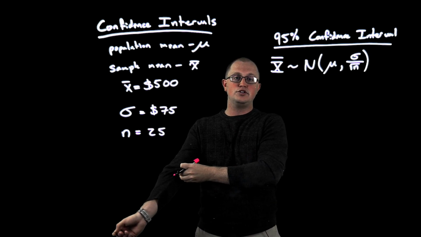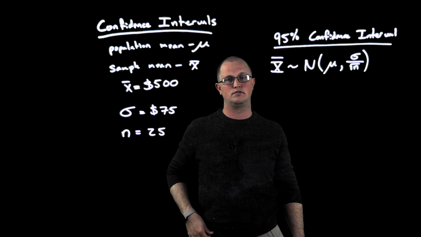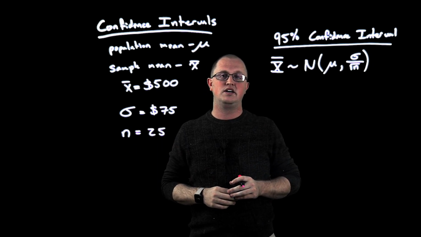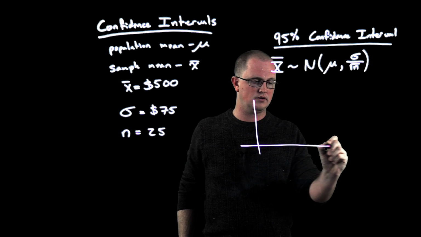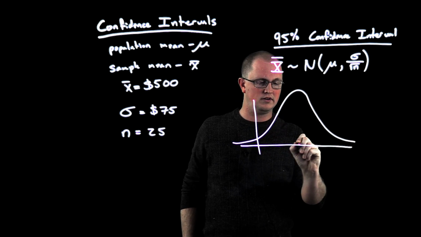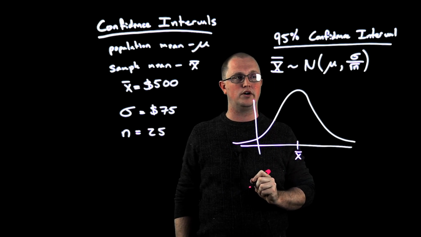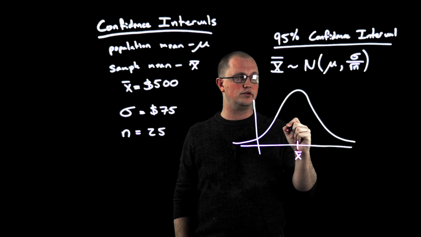And so we're going to use our best guess for what mu is, and our best guess is the point estimator, X bar. So we're going to consider a normal distribution centered at our calculated X bar with a standard deviation of sigma over the square root of n.